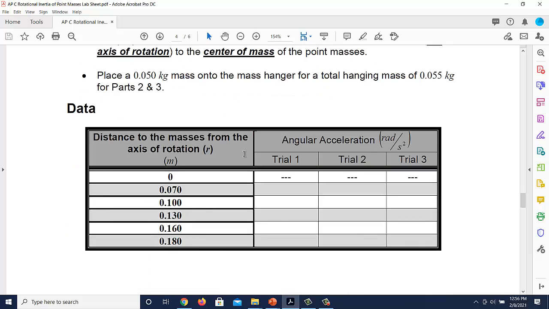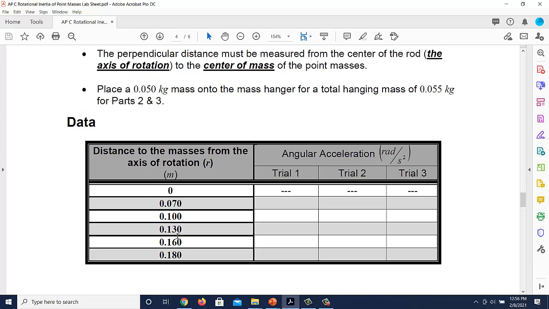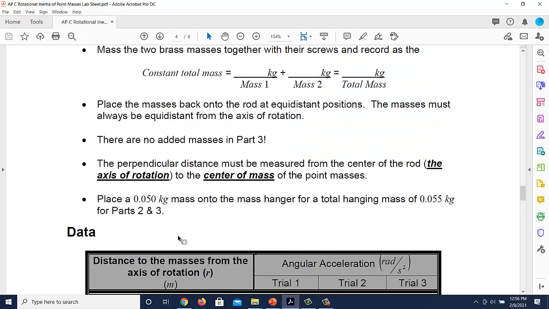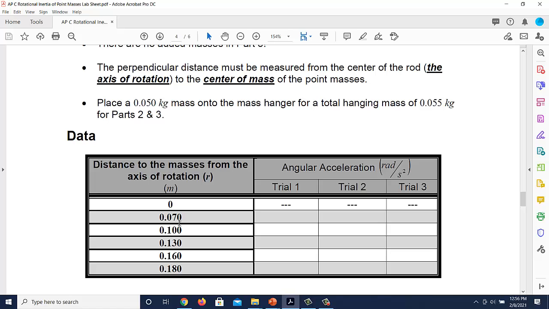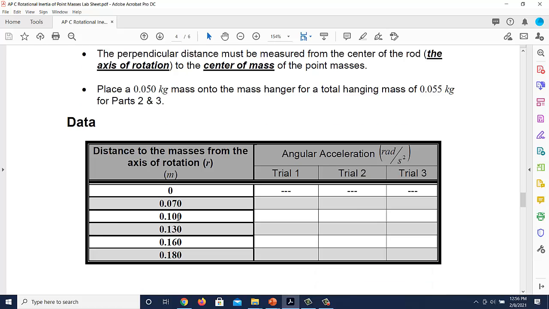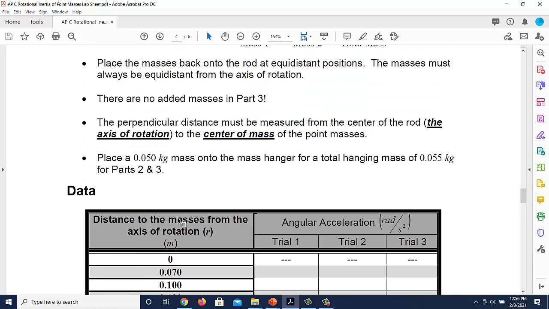What distances are you going to use? These distances. 7 centimeters from the axis, 10 centimeters, 13 centimeters, 16 centimeters, 18 centimeters, which ought to put them pretty much at the ends. So you're going to start them close in and get them further apart. As before, if you move one mass to 7 centimeters away, you need to move the other mass 7 centimeters away so that you don't have any net torque vertically.